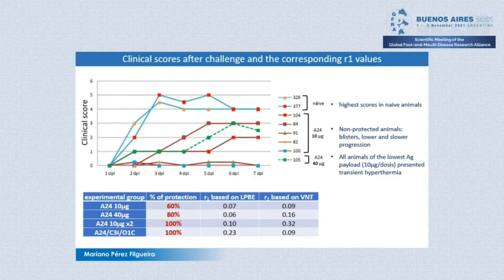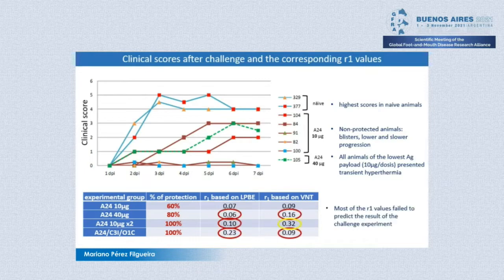Of course, we did a battery of serological and cellular tests, and we calculated the R1 based both on liquid phase blocking ELISA and on BNT. As you can see, many of the R1 values did not correlate with the results obtained in the challenge experiment.